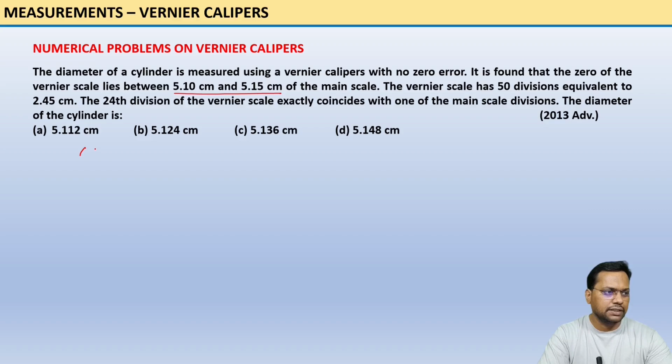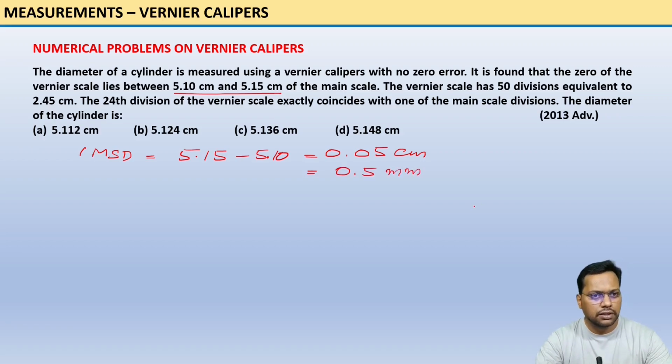So therefore, we can find out the one main scale division here, 1 MSD, that is equal to 5.15 minus 5.10 centimeters. Okay, so it will be how much? 0.05 centimeters, or in millimeters it is 0.5 millimeters.